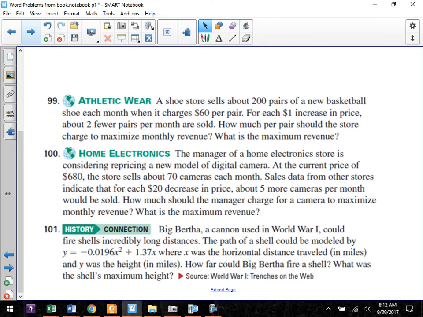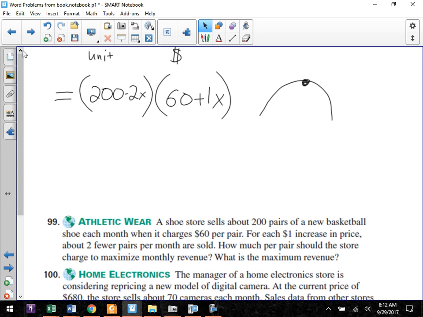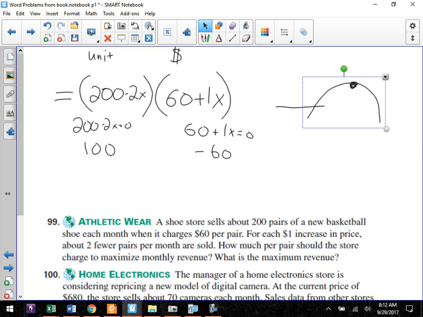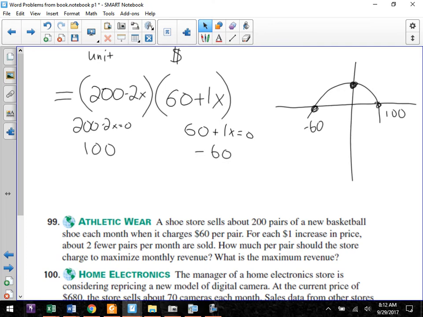So where are your zeros at? If I want to calculate my zeros here, I'd say 200 minus 2x is 0, and 60 plus 1x is 0. Well, I have a zero at negative 60, and the other one would be at 100. You okay with that? On my real chintzy graph, if that's negative 60 and that's 100, what's the midpoint of those two? 20, very good.